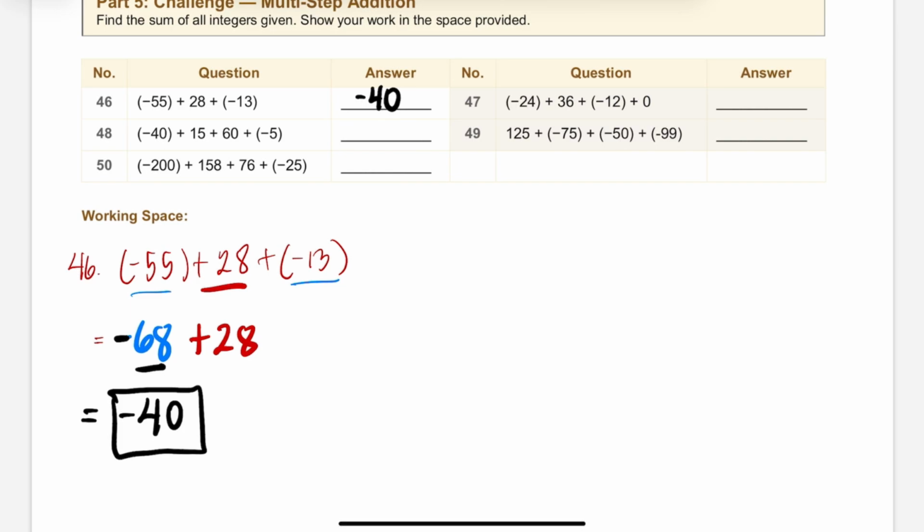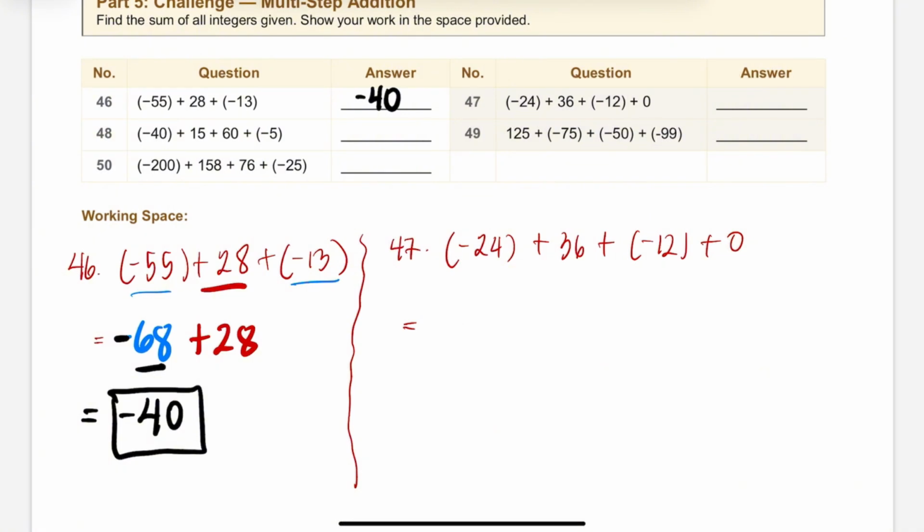Next, number 47. In 47, the given is negative 24 plus 36 plus negative 12 plus 0. So again, we can add the numbers with negative signs first. That's negative 24 and negative 12.